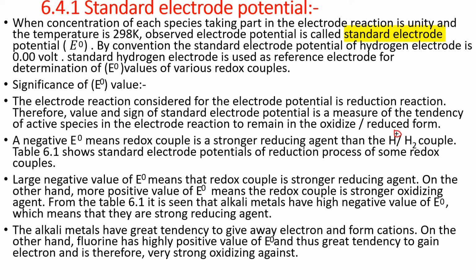Alkali metals have a great tendency to give away electrons and form cations. On the other hand, fluorine has a high positive value of E0 and the greatest tendency to gain electrons, and is therefore a very strong oxidizing agent. Fluorine is a very strong oxidizing agent due to gain of electrons, and alkali metal is a very strong reducing agent due to loss of electrons.